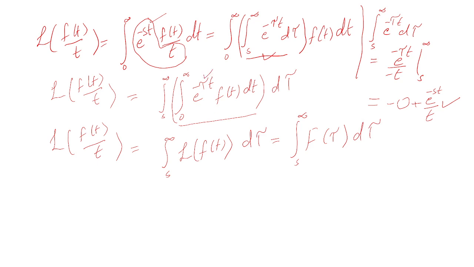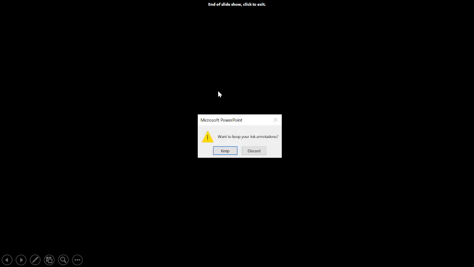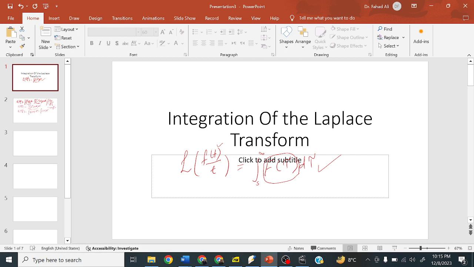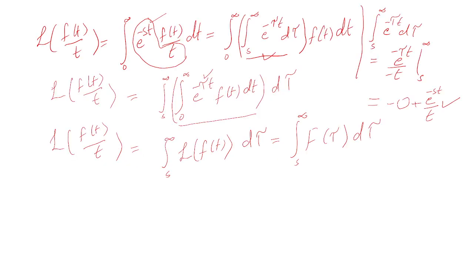We see tau is a parameter here instead of s, and this is the required relation: the Laplace transform of f of t over t is simply the integration from s to infinity of the Laplace transform of f of t, which is f of tau, d tau.